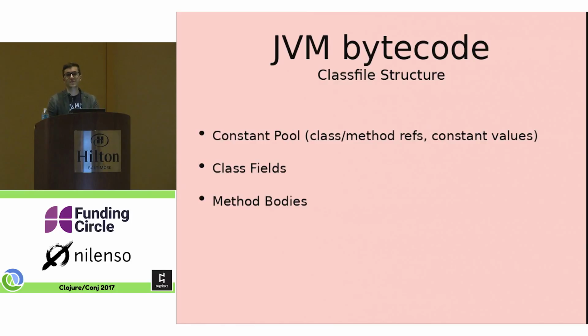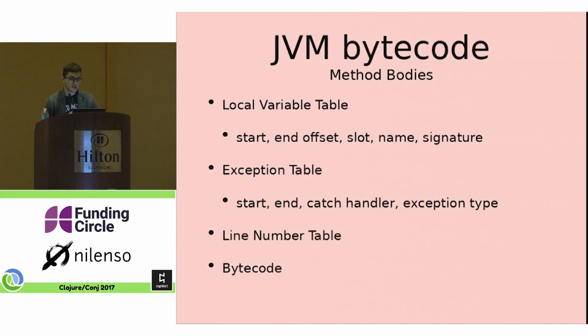It's got a list of fields, of static and instance fields. And finally, it's got a section which represents the method bodies of this class. And so those method bodies have some quite interesting properties, and they're very rich in what they contain.